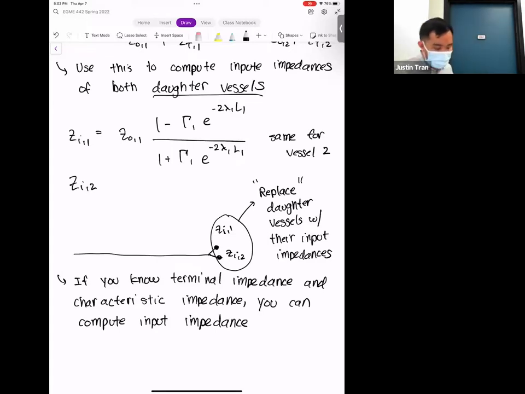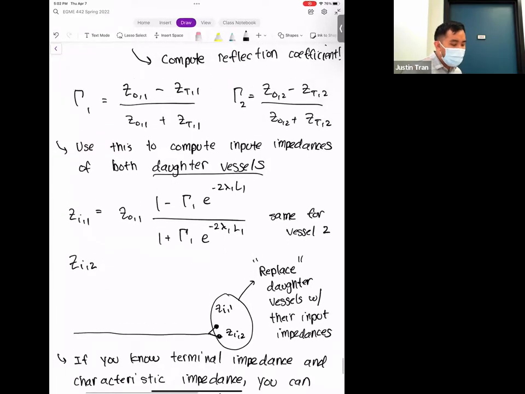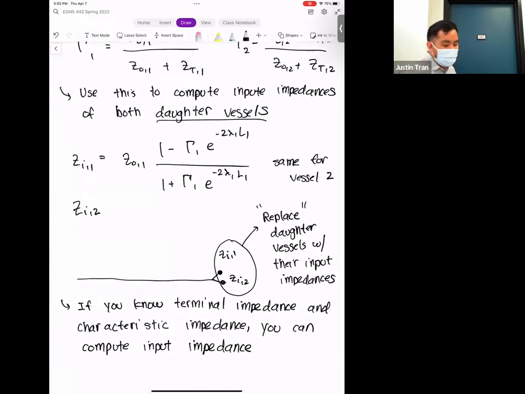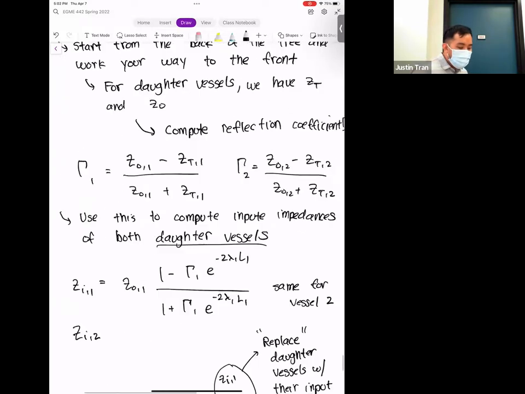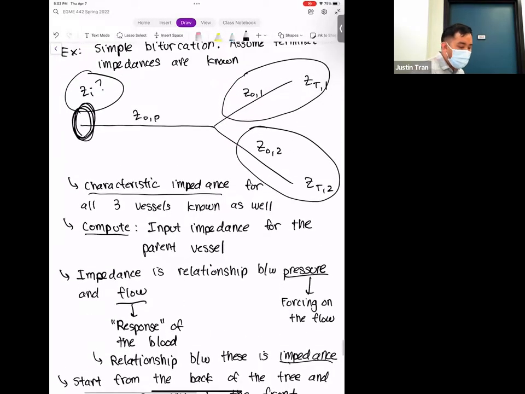So we're given the terminal impedance and the characteristic impedance, and we can compute their input impedance. I won't say no problems, because you have to plug in a lot, but it is possible. The problem only really asks us to compute the input impedance of the parent vessel, so it seems like we don't care too much about the daughter vessels.